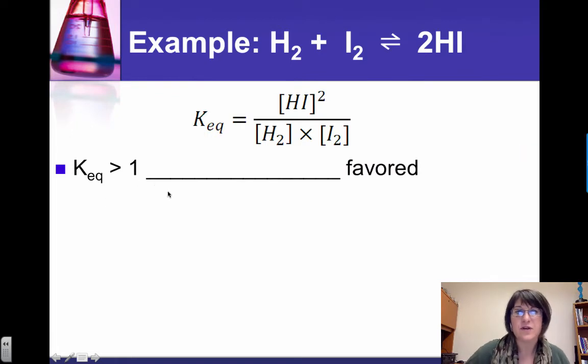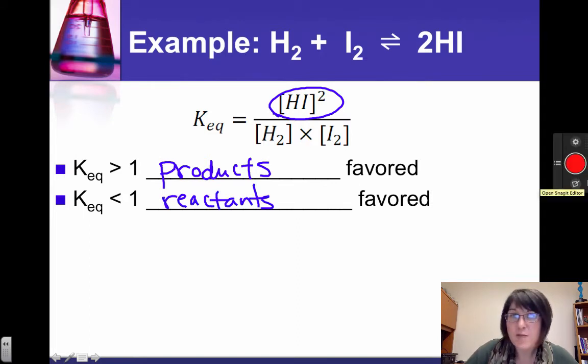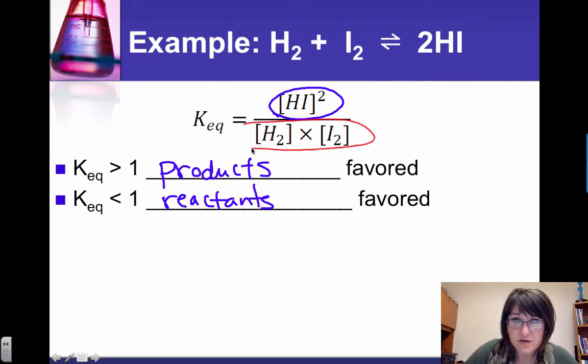If your equilibrium constant is greater than 1, that means that the products are favored, because you would be dealing with a fraction where the numerator is larger than the denominator. On the other hand, if K is less than 1, then your reactants are favored, because in that situation your denominator is larger than your numerator, and that would give you a value for the equilibrium constant that is lower than 1.